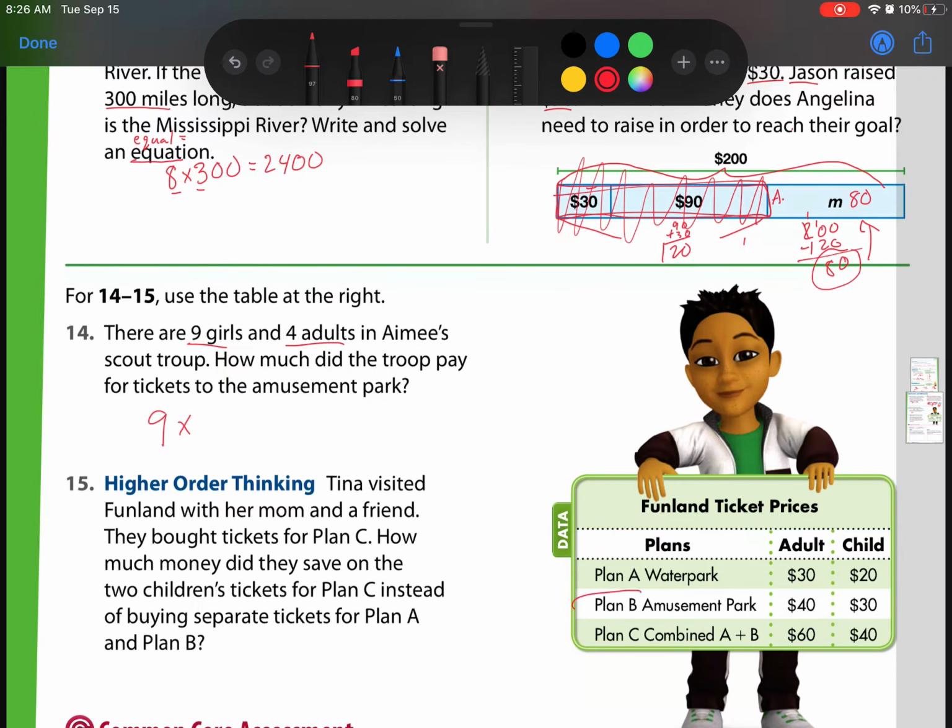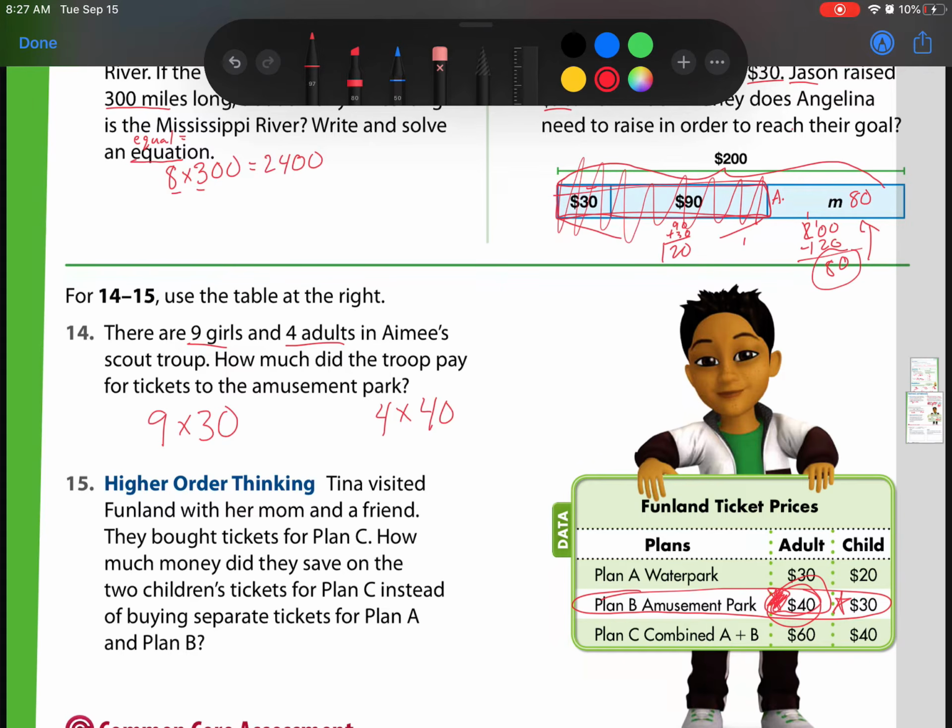Well, they went to the amusement park. So let's look. A child pays right here, $30. So 9 children paid $30, which means 9 equal groups of 30. And then we have 4 adults. So we have 4 groups of how much did adults pay? Well, they paid $40 right here.